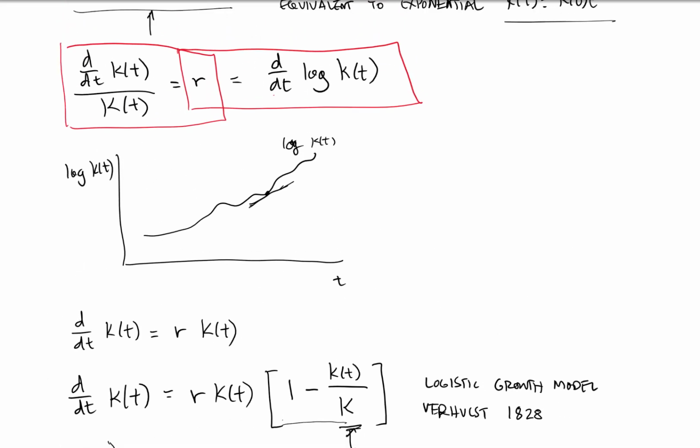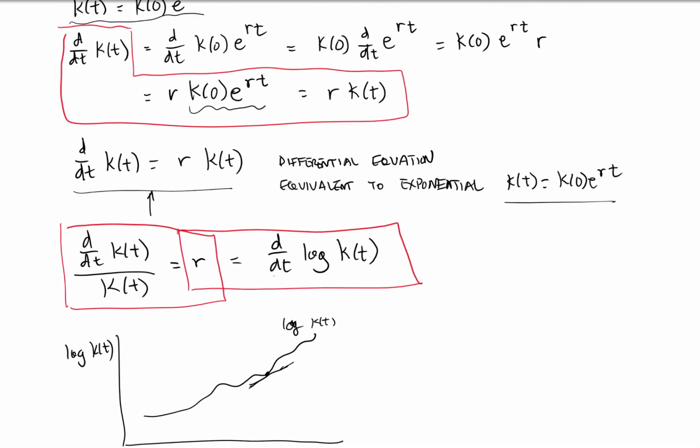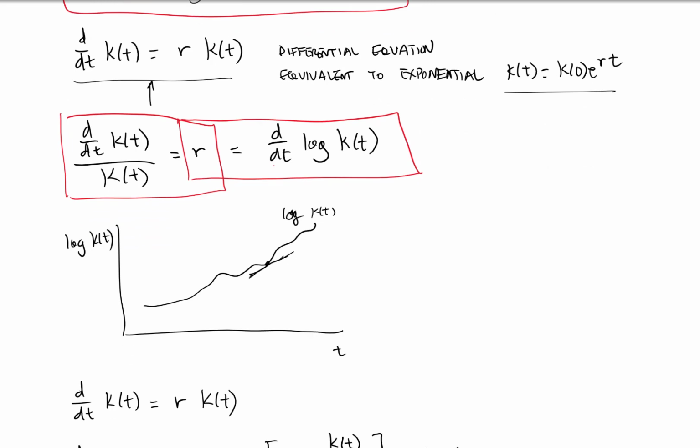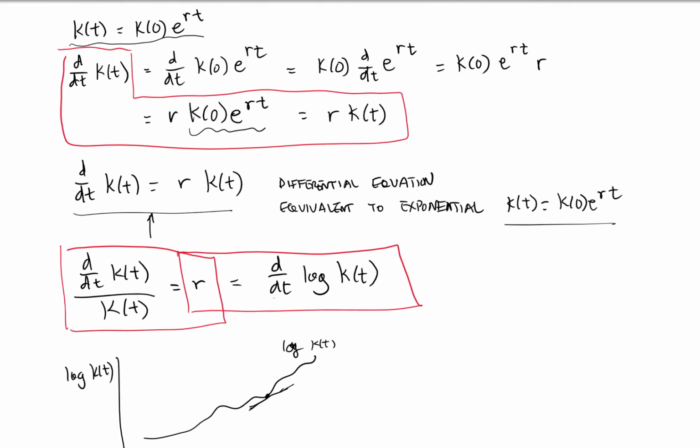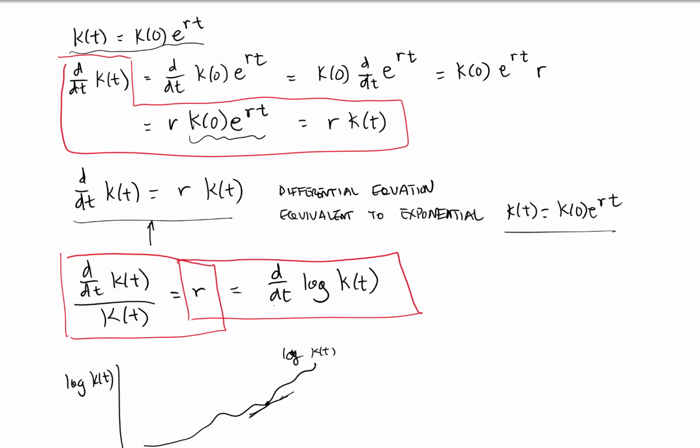It turns out that this differential equation model and this logistic growth model that we've now just introduced are used quite a bit in epidemiology and biostat. So there's a long history that intertwines demography with epidemiology.